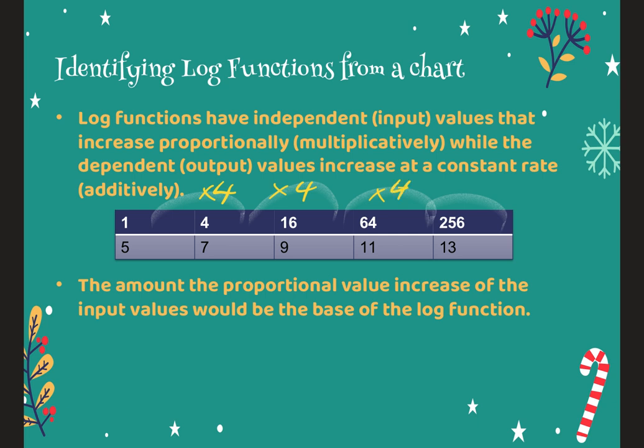So if I had y or f of x equals a, log base 4 of x, it could have a variable after this, you could have whatever that model is, we don't know exactly what it is, but we do know that if you're multiplying by 4 each time, the base on the log is 4. So if this is multiple choice, it might say which of the following can represent this data, and one of them might be exponential, and one of them might be log with a different base, one of them might have that log base 4, and you would know it's that specific one.